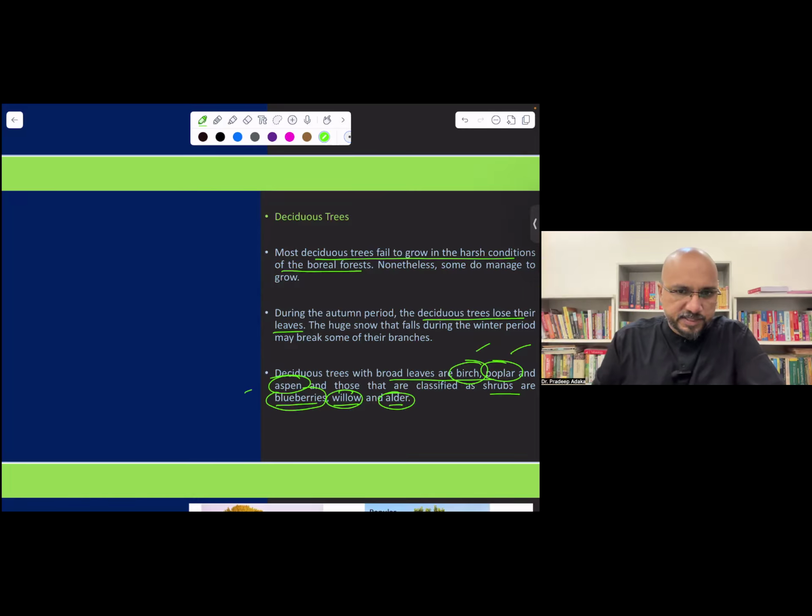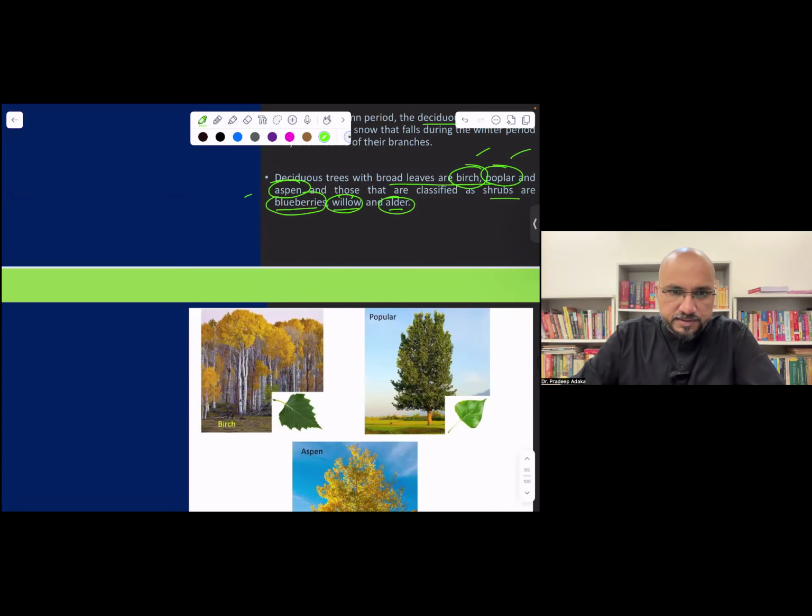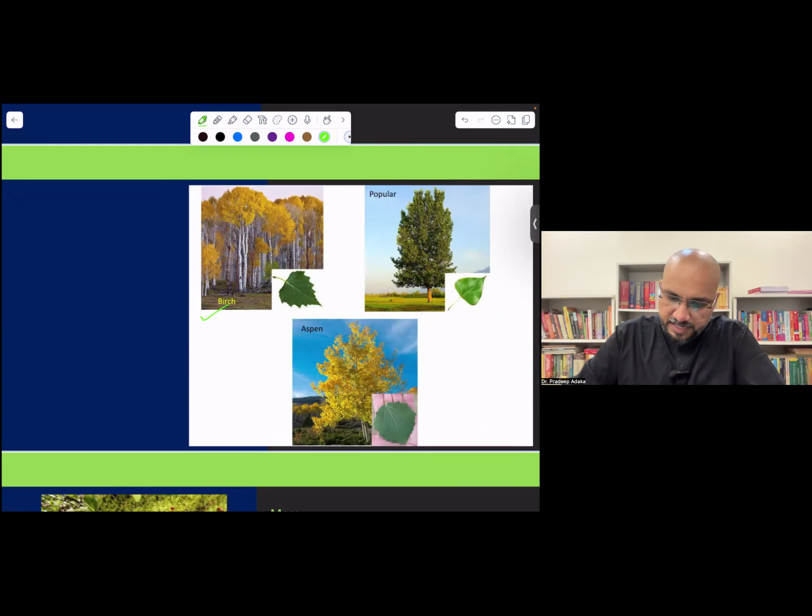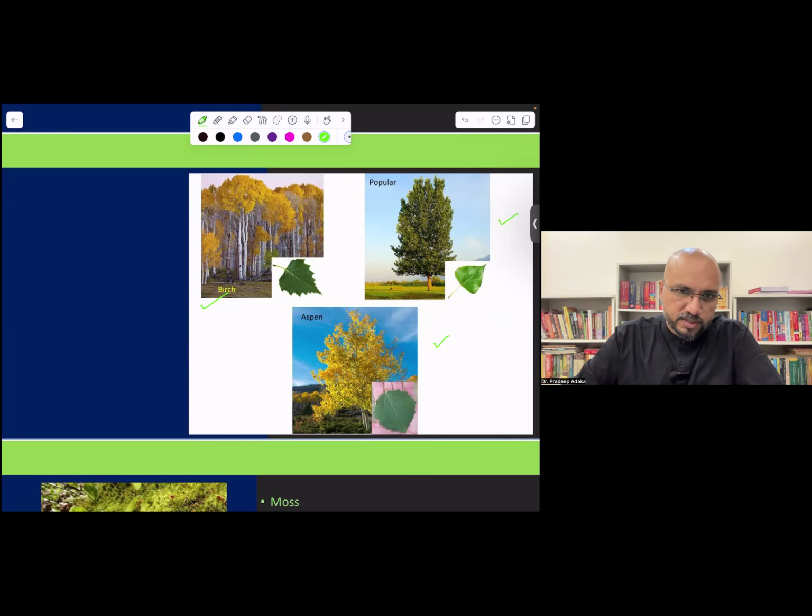So these are the tree species and these are the shrub species. These are the broad-leaved tree species that you see in the taiga biome. This is how their leaf looks. Broad-leaved, right?